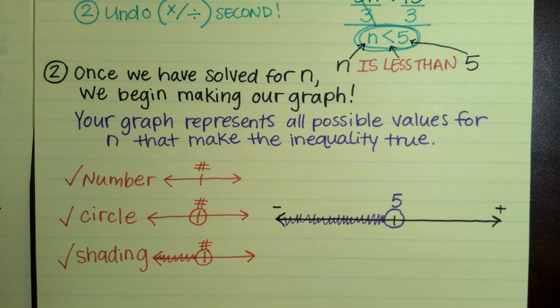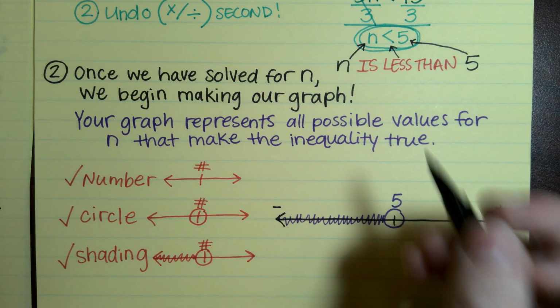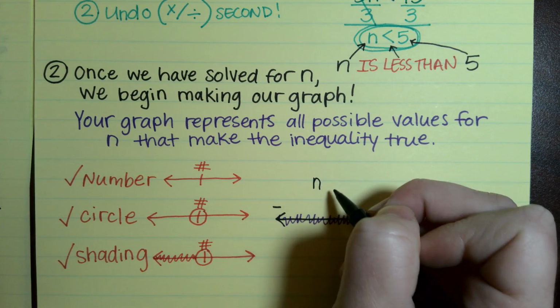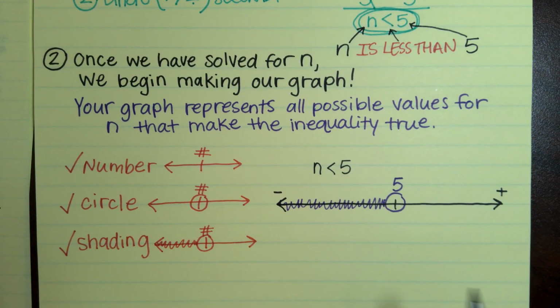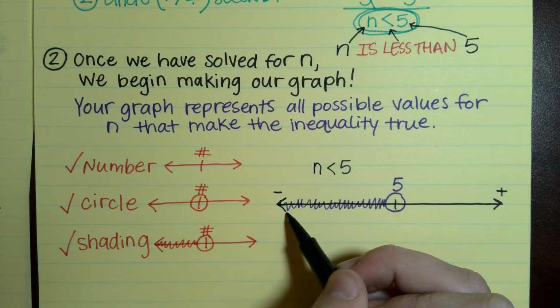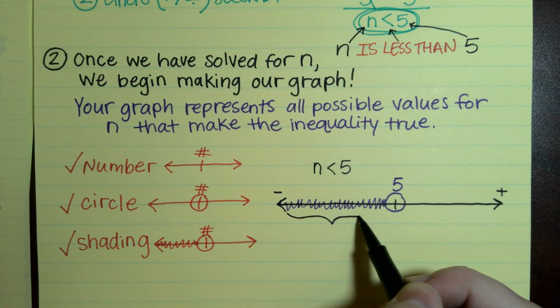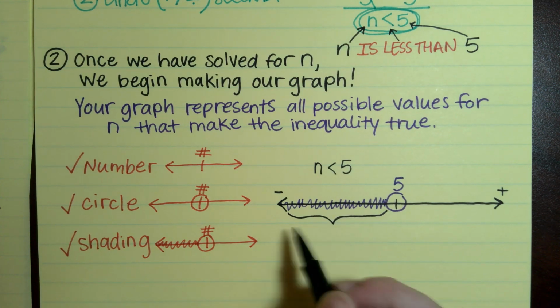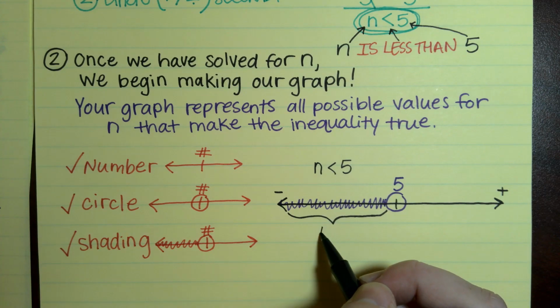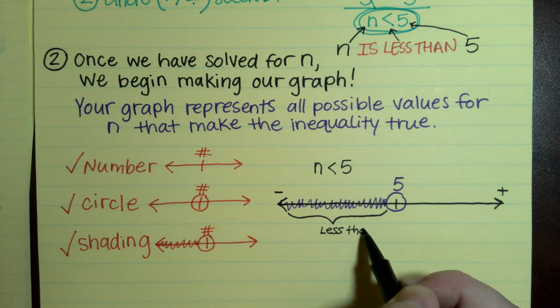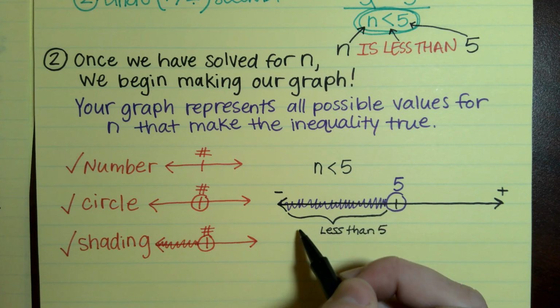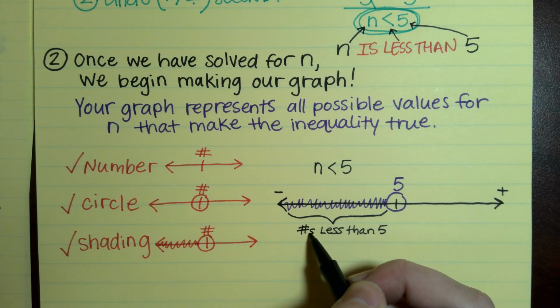So this graph is just showing a visual representation of n being less than 5. And this shaded portion right here is all the numbers that are less than 5. Say numbers less than 5.